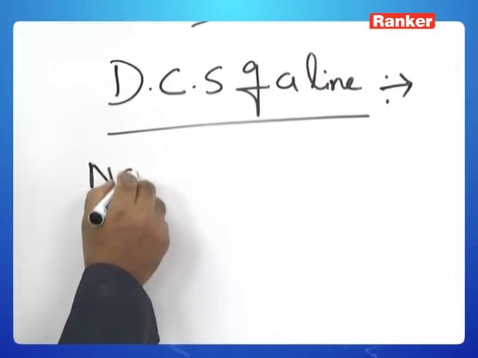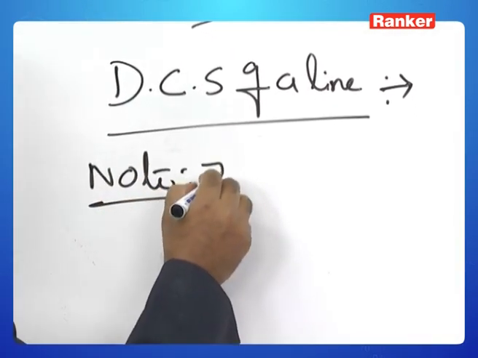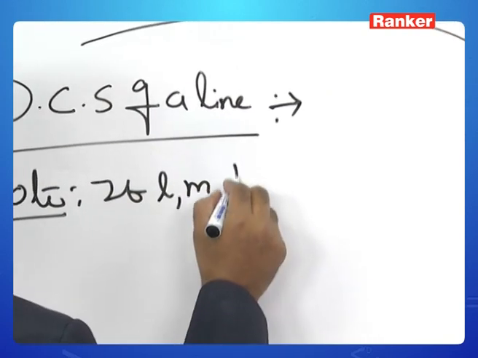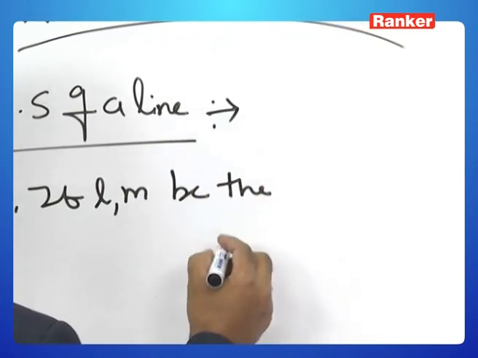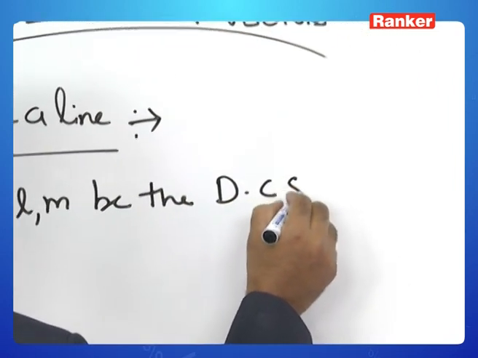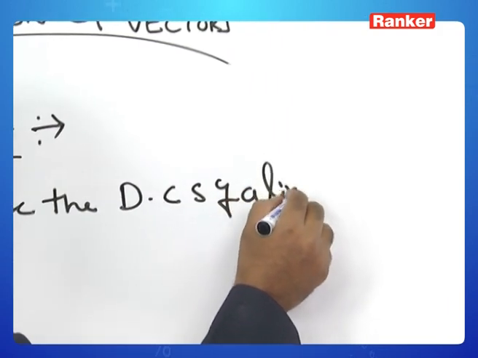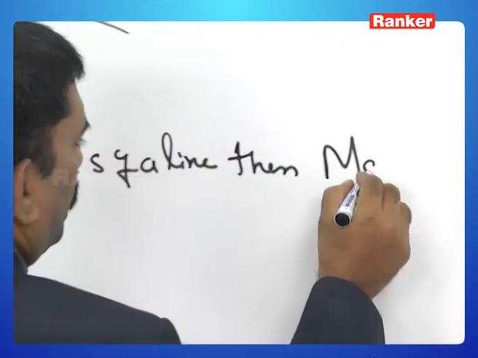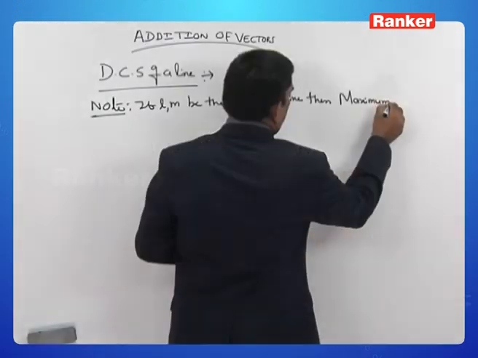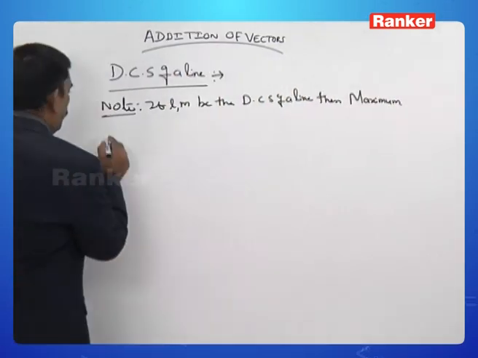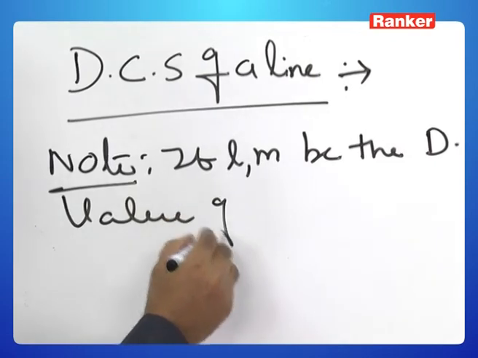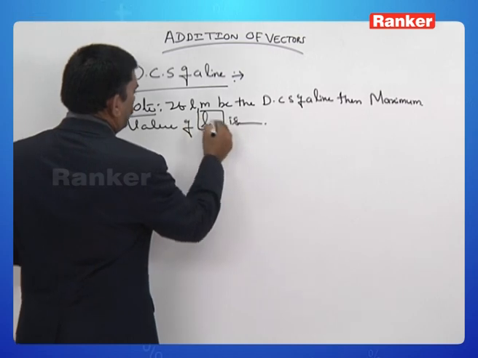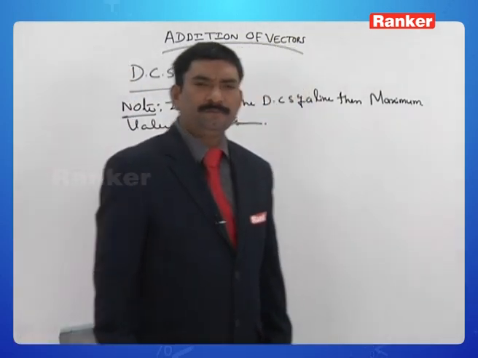Now, note, if L, M be the DCs of a line, then the maximum value of LM.